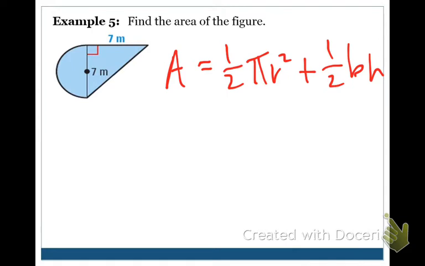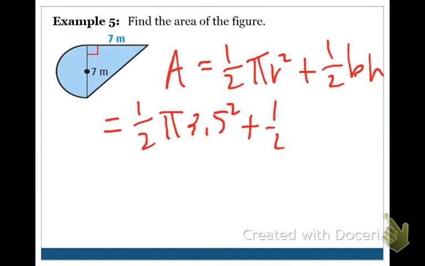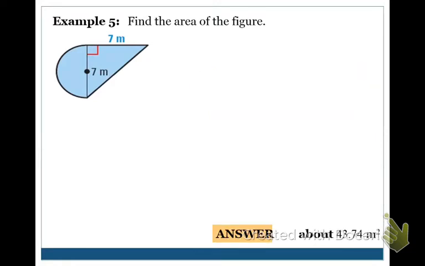So the area equals 1/2 pi times 3.5 squared plus 1/2 times 7 times 7. I'll multiply it all out, and I should get my answer. If we do the math, we should get 43.74.